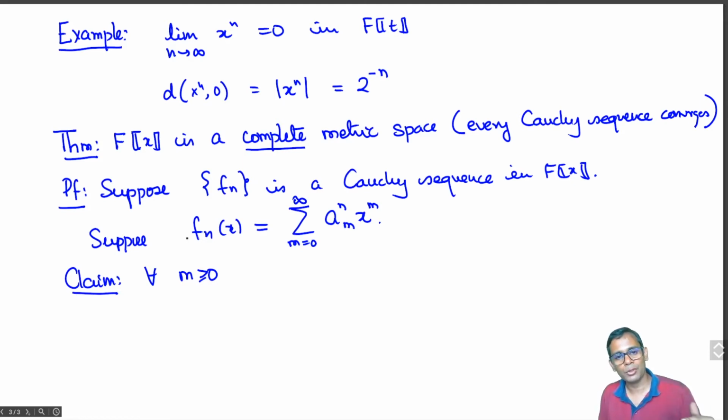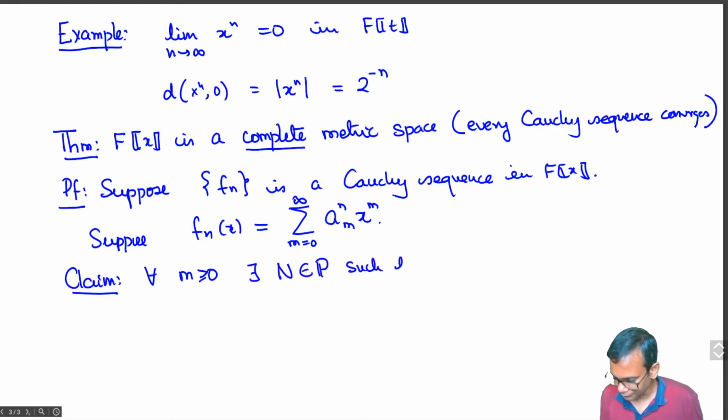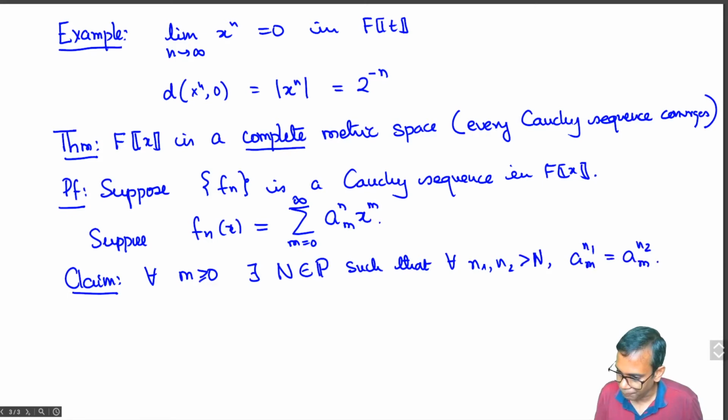So you look at the mth coefficient of f_1, you look at the mth coefficient of f_2, and so on. This will stabilize. So after some point there exists n, a positive integer, such that for all n1, n2 greater than n, a_{n1,m} is equal to a_{n2,m}.